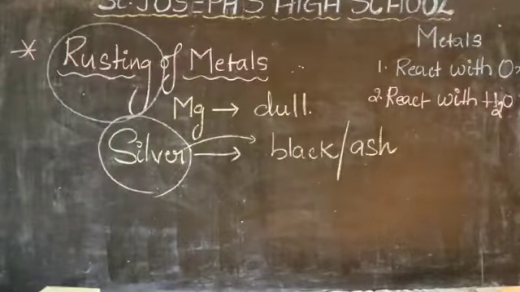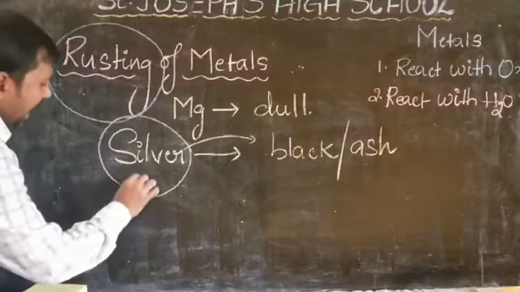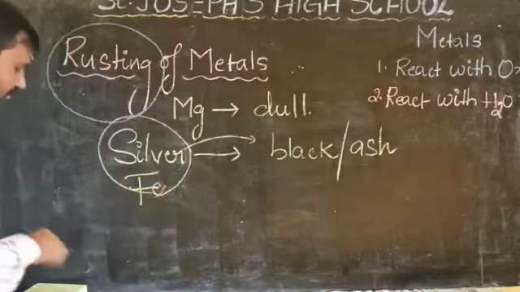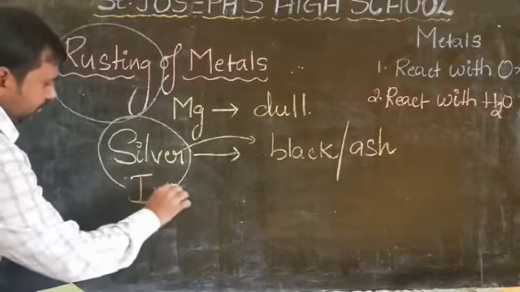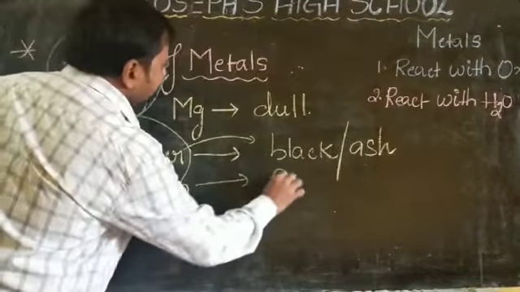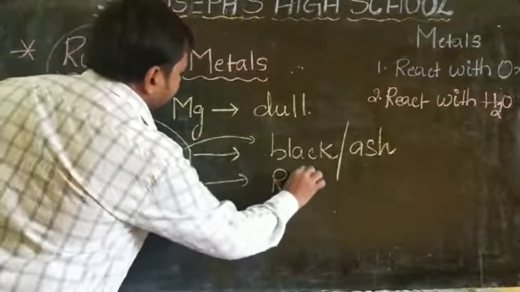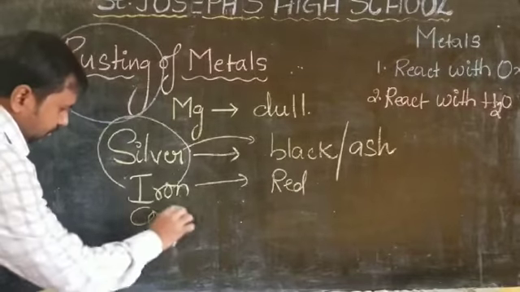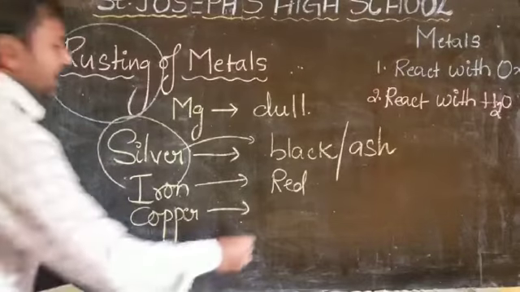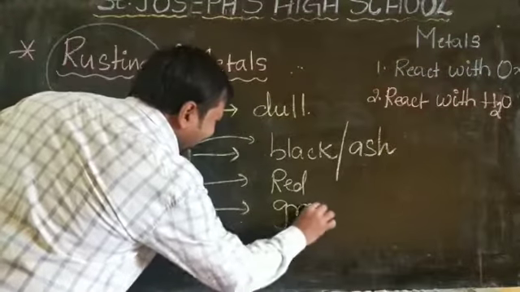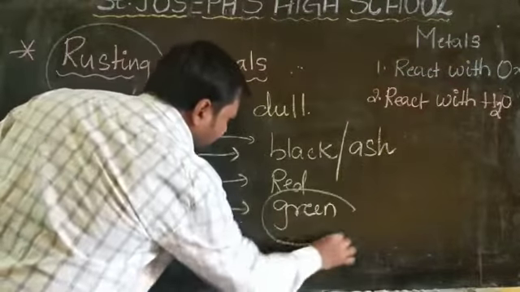Is it clear, children? Next, if we take one more example, iron. After rusting, it will convert into reddish brown. Now, if you observe copper utensils, after rusting a green layer will form on the copper vessels.